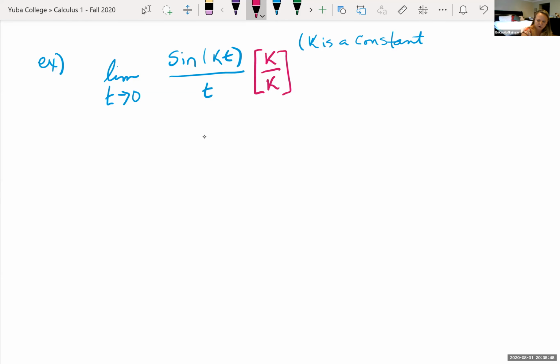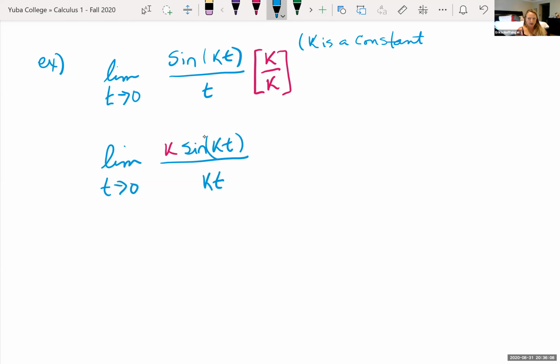So let me rewrite this. This is the same thing as a limit as t approaches 0 of k times sine of kt all over k times t. Same value, same argument.